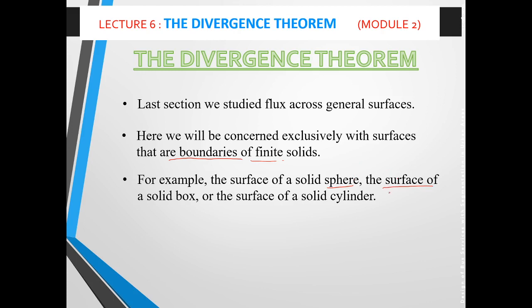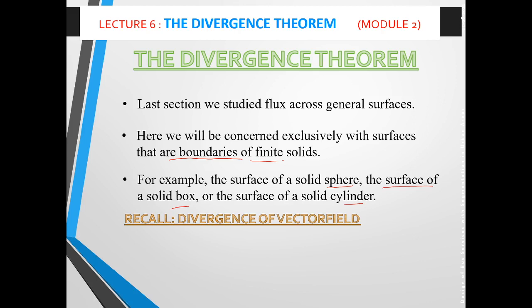Sigma may be a solid box, or a cube, or a solid cylinder, etc. So in this section we will study how to find flux across the surface of some finite solids. Okay. Before going to that, we will recall what the divergence of a vector field is.